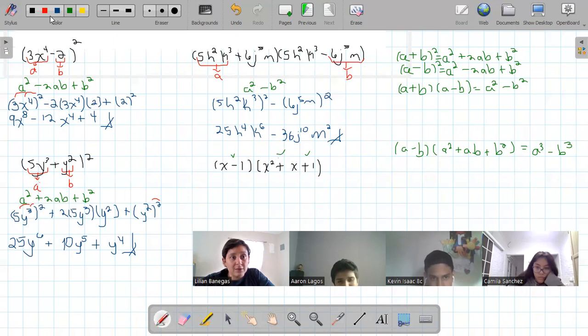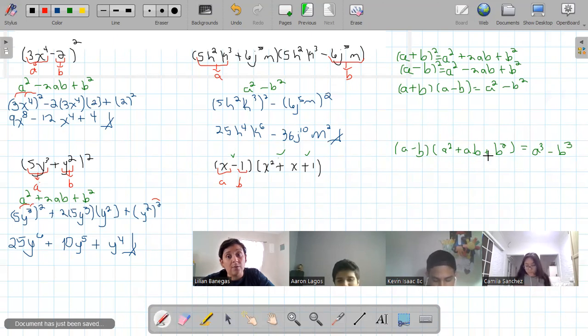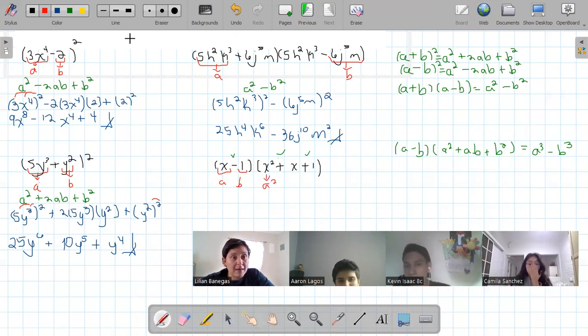Now, I identify A from the first parenthesis, and I identify B. Now I just need to prove that my second parenthesis is according to the formula, that is A squared plus AB plus B squared. So this is supposed to be A to the square. If A is X, we have to have X to the square. Do I have that? Yes.